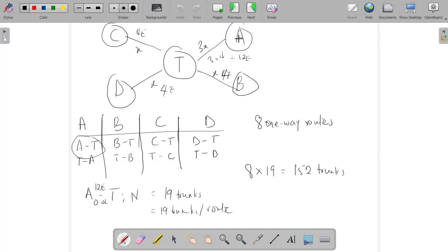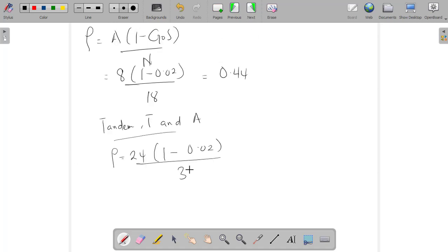Now let's see the number of trunks we are going to need in total. We had 19 trunks to support the 12 erlangs A will originate to T. So similarly, T will also need 19 trunks to originate 12 erlangs to A. So in total we have 38 trunks.